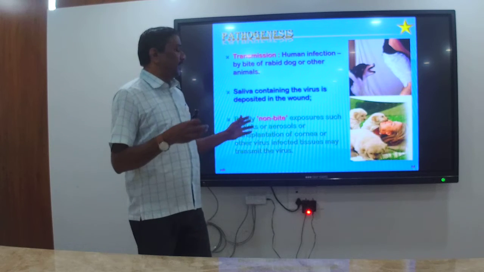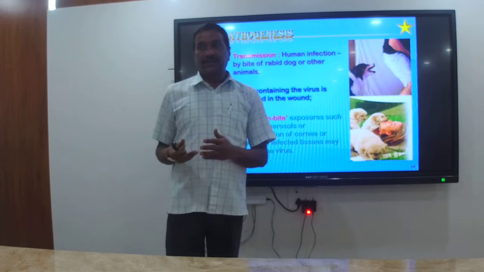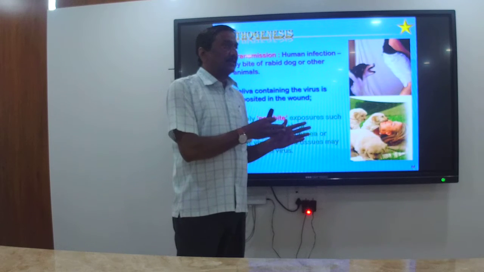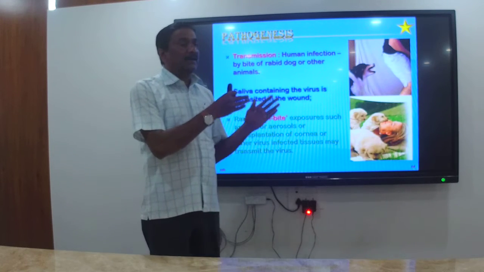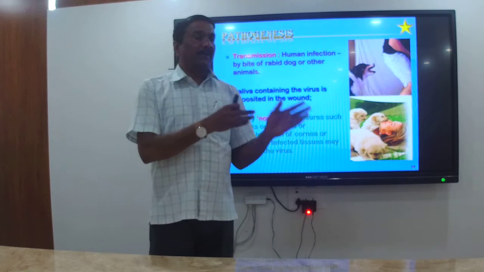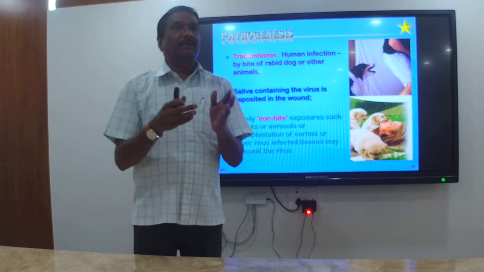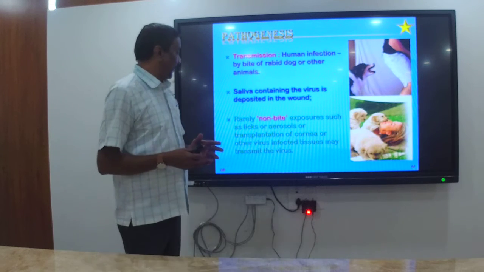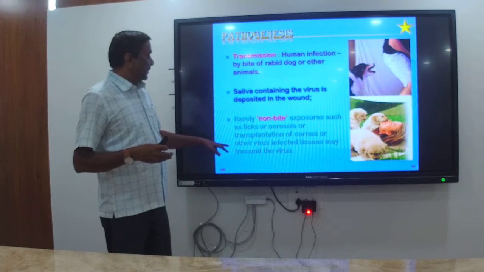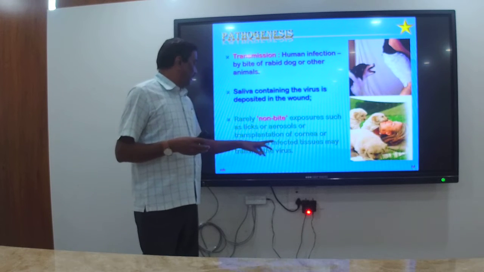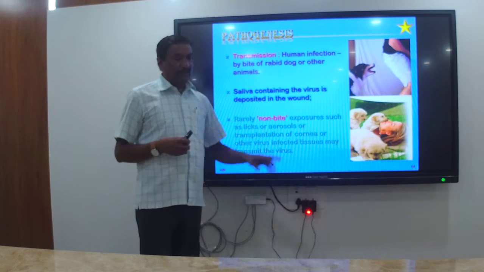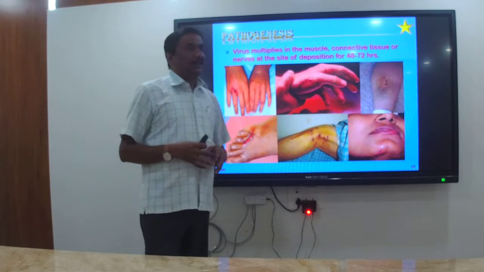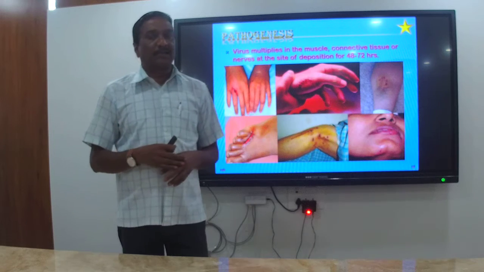Or even during surgery, during transplantation, if the cornea is transplanted from an infected person to another, the infection may be transmitted in a non-bite way. The virus in infected tissue may be transmitted to other hosts.